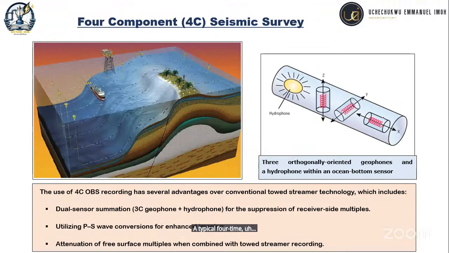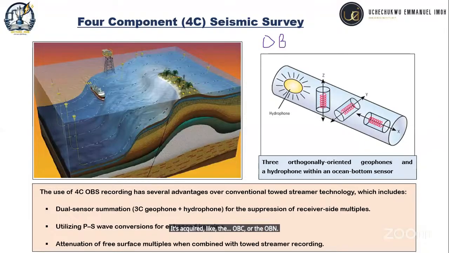4D seismic. So the last one, but not the least, is your 4C. 4C seismic, the 4-component seismic survey. What this one typically means, it's acquired like the OBC or the OBN.